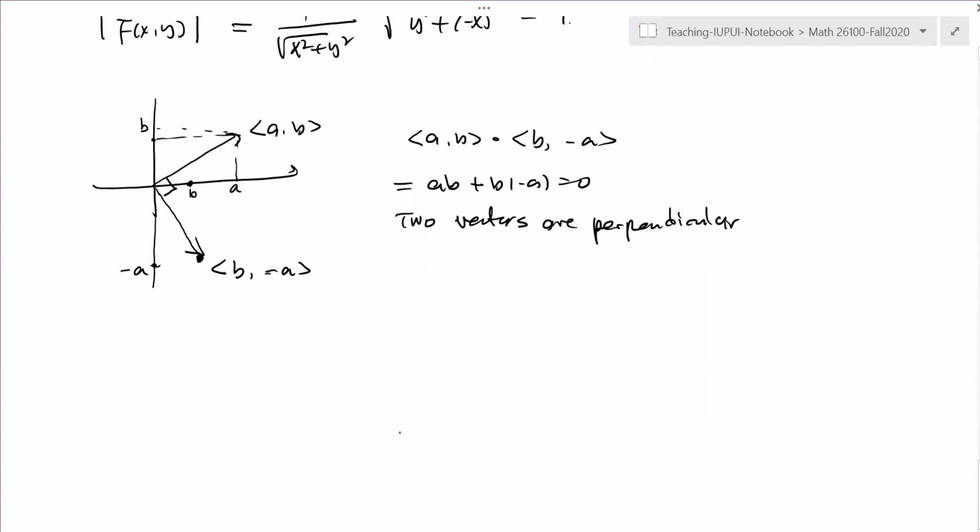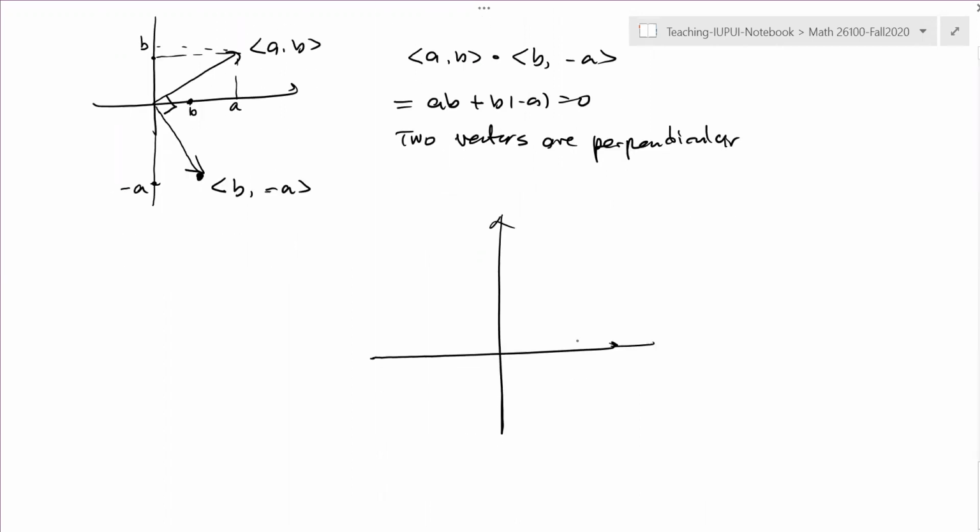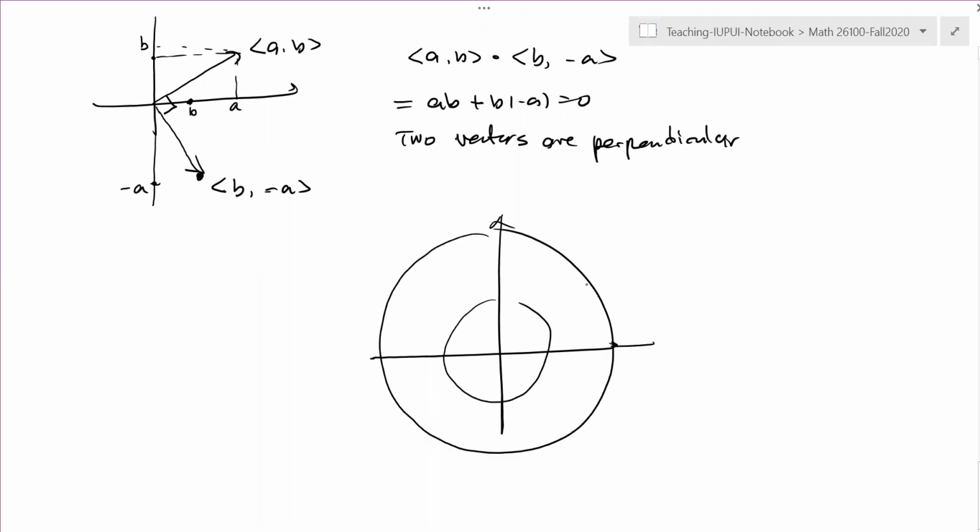Okay. Now I'm going to draw the graph around the circles. Okay. All right. So take an arbitrary point here. So this is a point X and Y, okay, with a radius R, right?